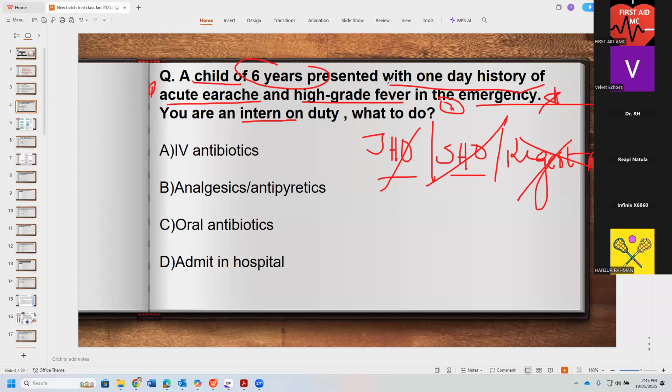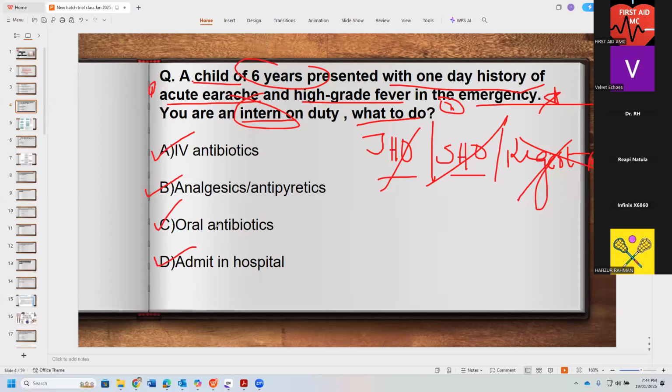A child of 6 years presented with 1-day history of acute earache and high-grade fever. So a young child having earache and high-grade fever, acute presentation in emergency, and you're a junior doctor on duty. What do you want to do next? Give IV antibiotics, give analgesia/antibiotics, give oral antibiotics, or admit them in the hospital.